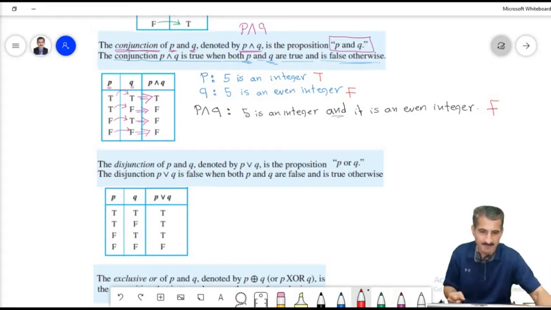Okay. So you need to have this in mind all the way. The conjunction, the and, is true only when both propositions are true.